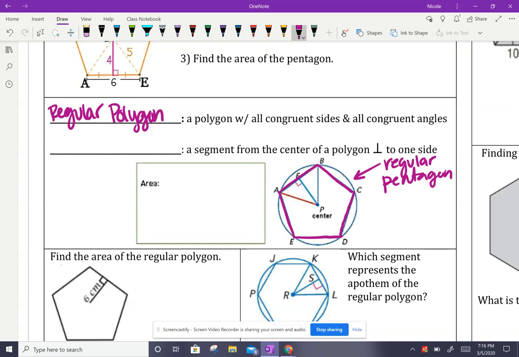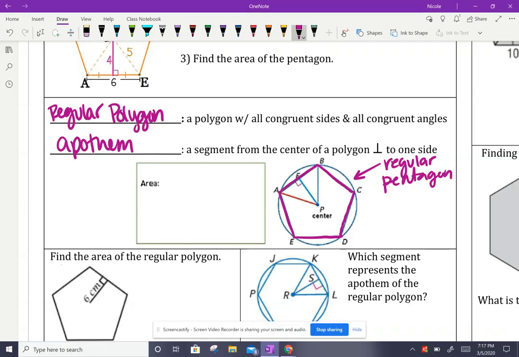Now we're going to create something from that pentagon, and it's called the apothem. The apothem, which is really fun to say, I love saying it, is a segment drawn from the center of a polygon that is perpendicular to one of the sides.